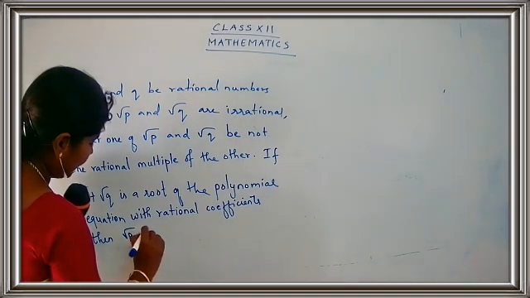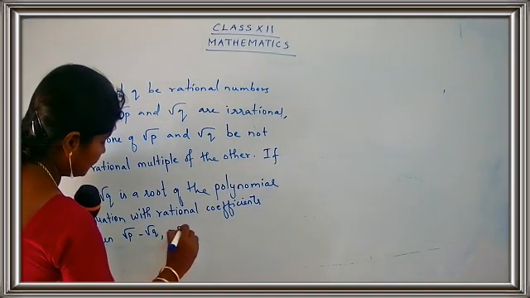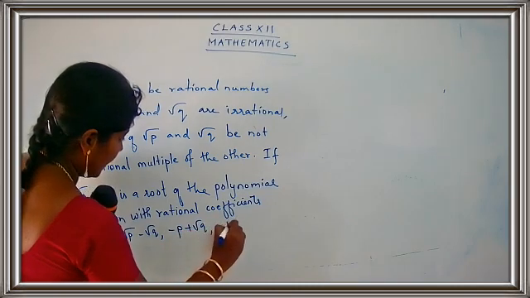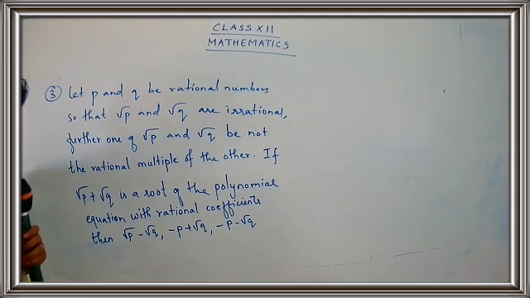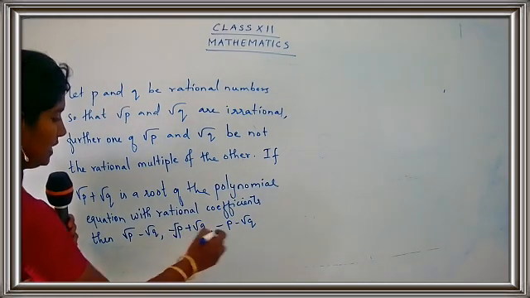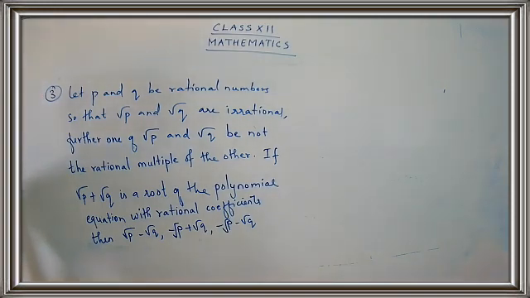Root P minus root Q, minus root P plus root Q, minus root P minus root Q, minus root P minus root Q. Here all the things are roots. So minus root P minus, because here we are going to consider root P and root Q as irrationals.